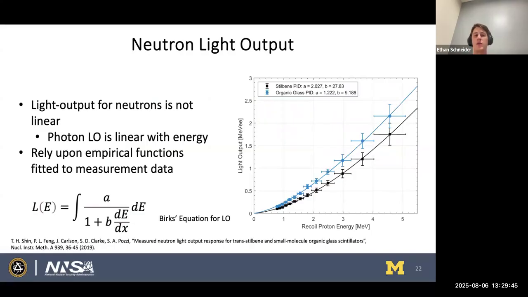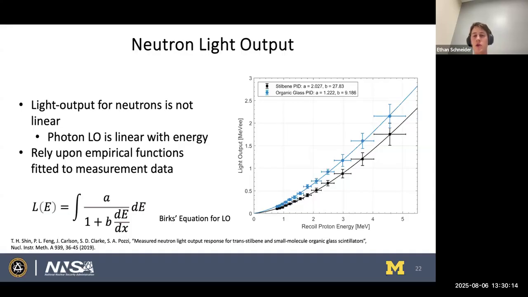Another component that is very important to work off of is our neutron light output. As has been discussed in this lecture and previous lectures, the light produced by gamma pulses is going to be linear with energy. So a 1 MeV gamma will have half the light output of a 2 MeV gamma. This is not quite the same for neutrons.